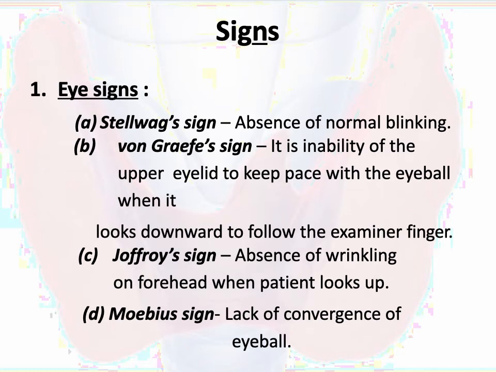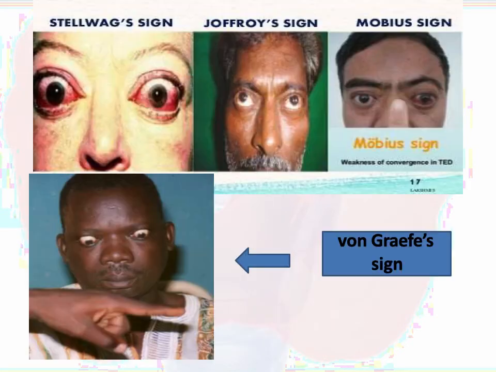In these patients, because the eyeball is already outside, there is no wrinkling on the forehead. Then Möbius sign, lack of convergence of the eyeball. We'll see the photographs. You see Stellwag's sign, Joffroy's sign, Möbius sign, no convergence, Von Graefe's sign, right?